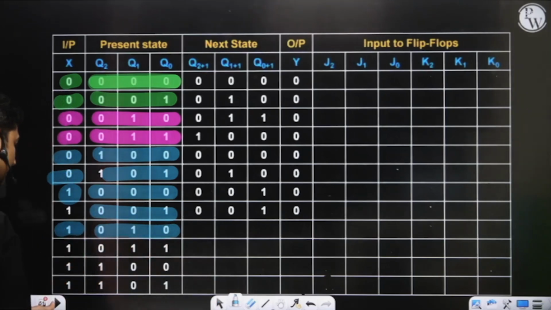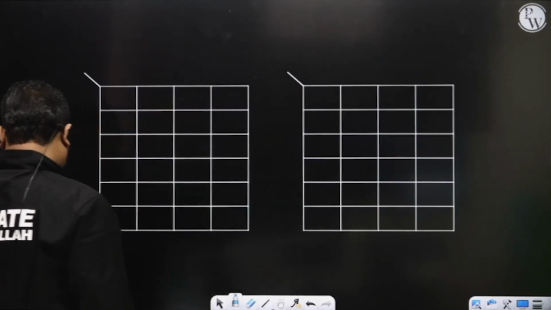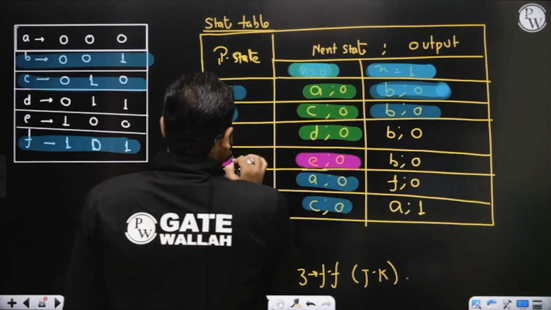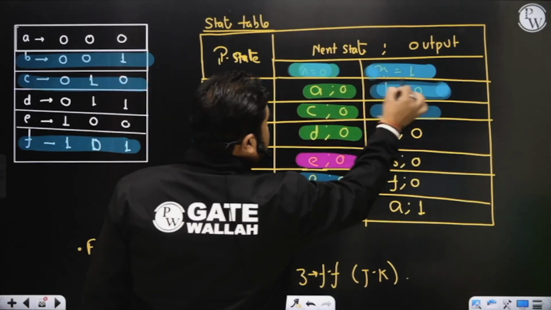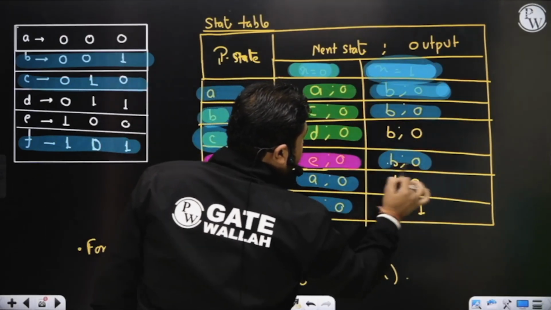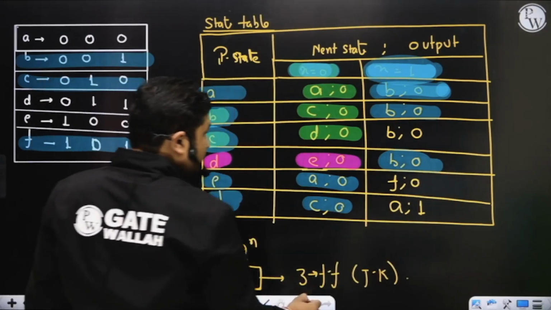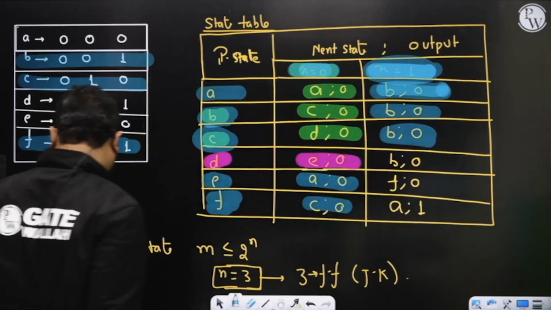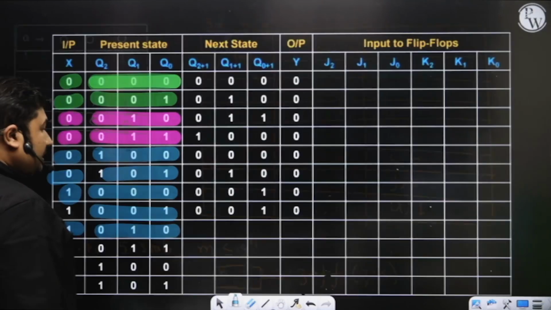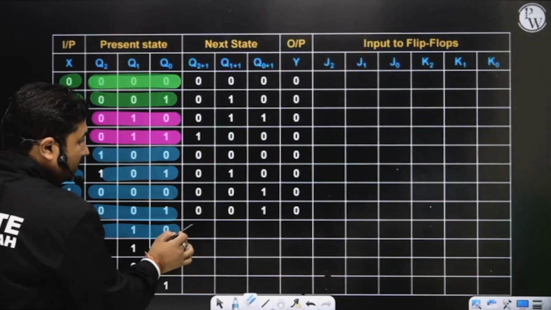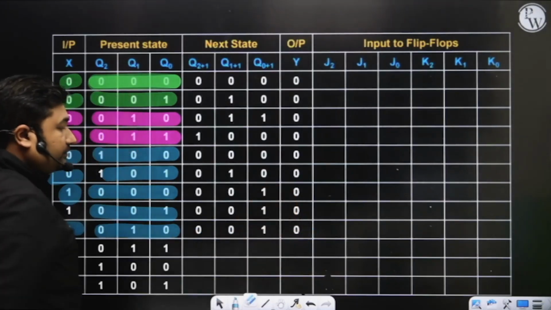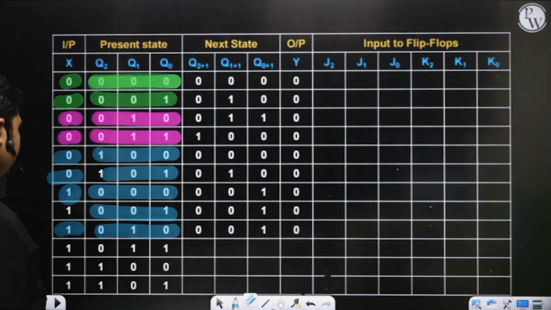Present state C, input x is equal to 1. Next state is B, output 0. What is B? 001, output 0. Great, sir.